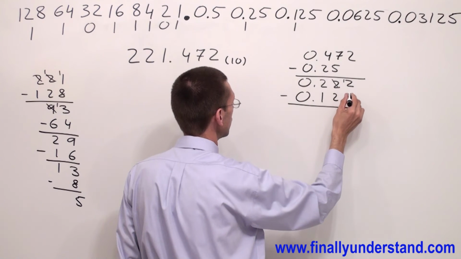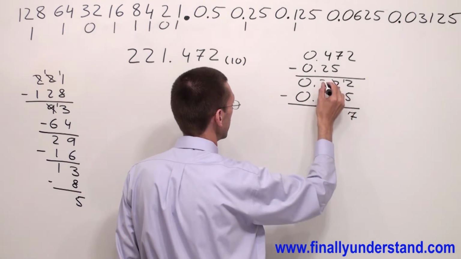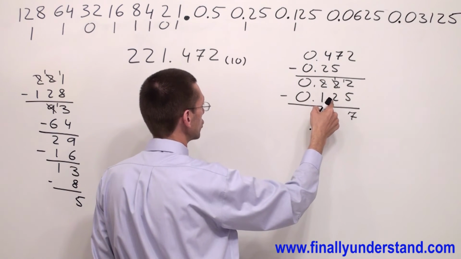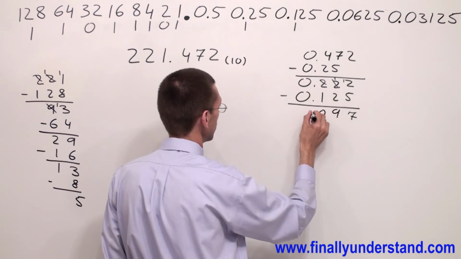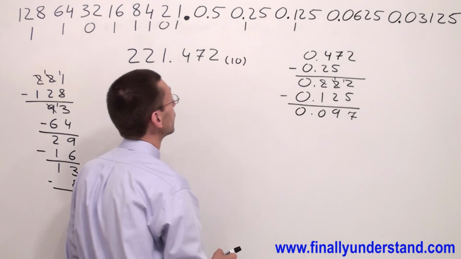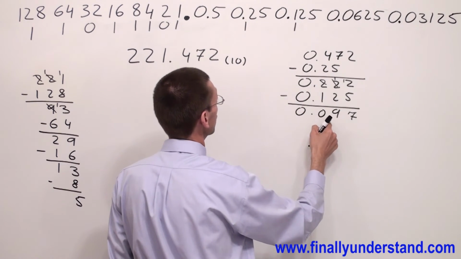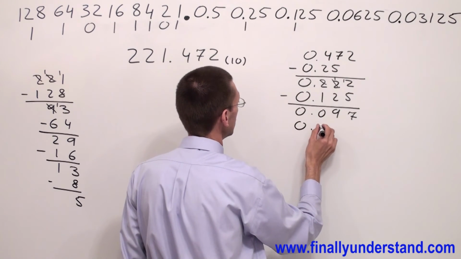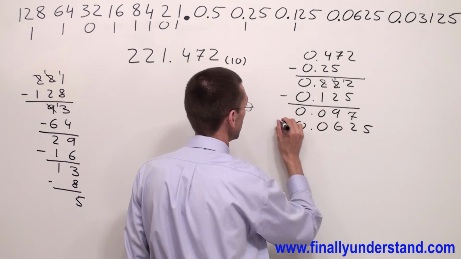This is 12 minus 5 is 7. And I'm going to have 11 minus 2 is equal 9. And I have 0. The highest weight which I can subtract from this value is this one, 0.0625.